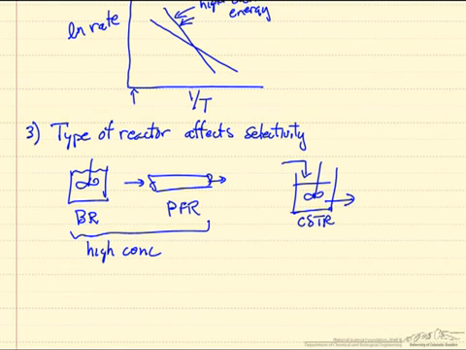Batch and plug flow reactors give us that advantage. With the CSTR, we're running at low reactant concentration, and so if we want to favor reactions that are low order, CSTR has an advantage. In the CSTR, we immediately decrease the concentration of reactant. If we have a reactant Ca0 coming in, we immediately drop to our final concentration inside the reactor.